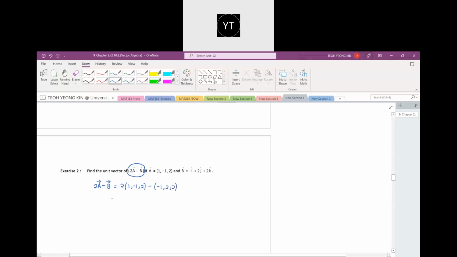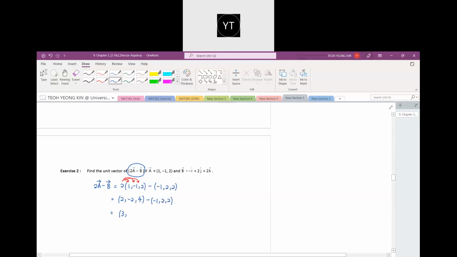So from here, expand dulu. So we have 2, negative 2 and 4. Darab dulu. And then minus negative 1, 2 and 2. So this one, 2 minus negative 1. Be careful with your calculation. The first one is 3. Negative 2 minus 2.